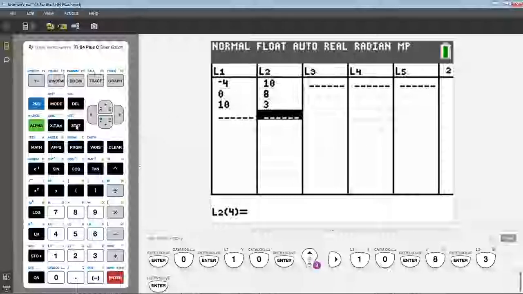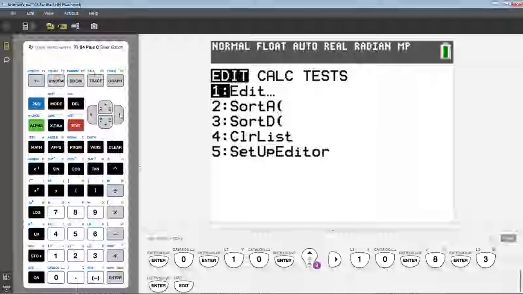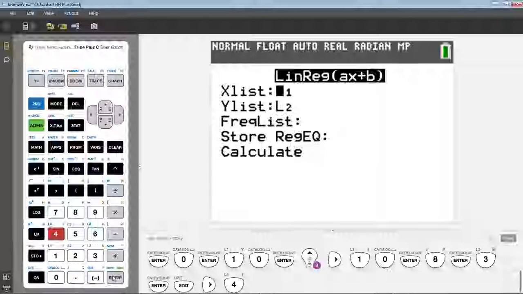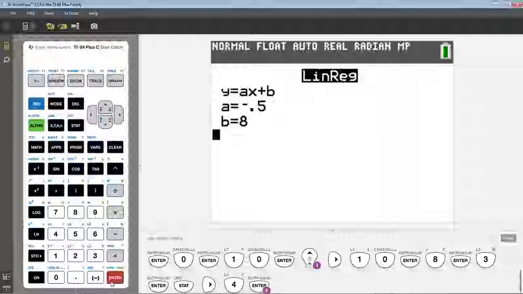And now click on Stat, okay, right arrow over to Calc, and then option 4, LinReg ax plus b, enter, enter, enter, enter, calculate. What you're given is y equals -0.5x plus 8.